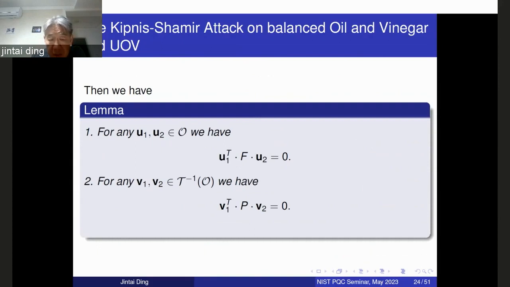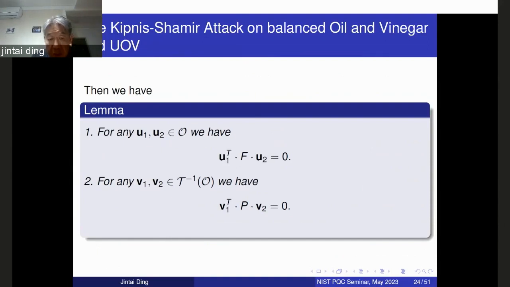The vectors from the Euler space vanish on all the quadratic forms coming from the central map. And because the public key P comes from the composition of F with T, we know that given any two vectors V1, V2 belonging to T inverse O, which is the Euler subspace, we have V1 transpose P times V2 equal to 0.